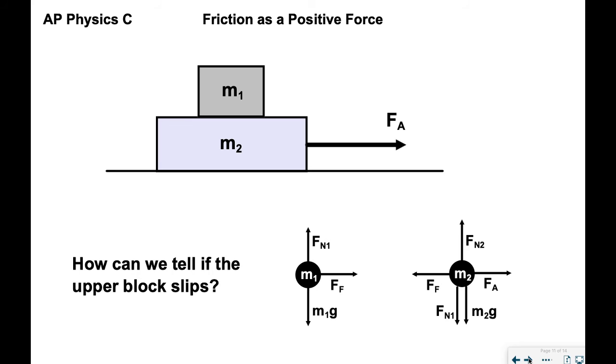So now we want to take a look at how we know if the upper block M1 is going to slip off the back of M2. If we pull hard enough on M2, we can effectively pull it out from under M1. But we have to do that in such a way that we exceed the maximum static friction force between the two objects.